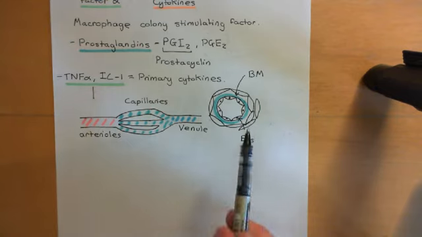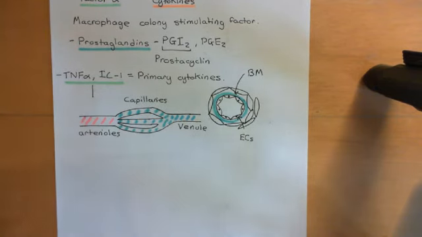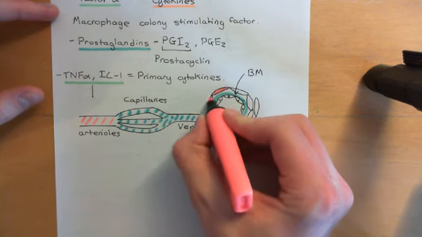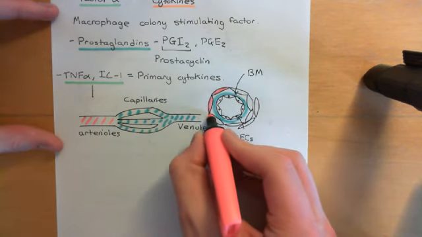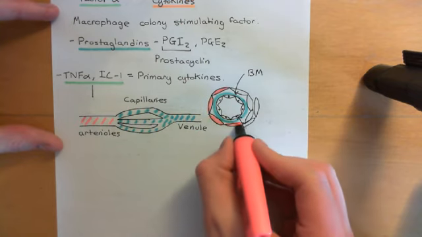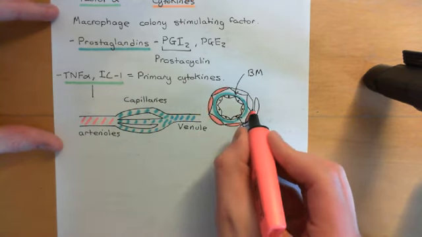Basically, if you can imagine what would happen if these smooth muscle cells all now contracted, then their lengths would all decrease. And that would mean that the circumference of this ring of smooth muscle cells would also decrease.